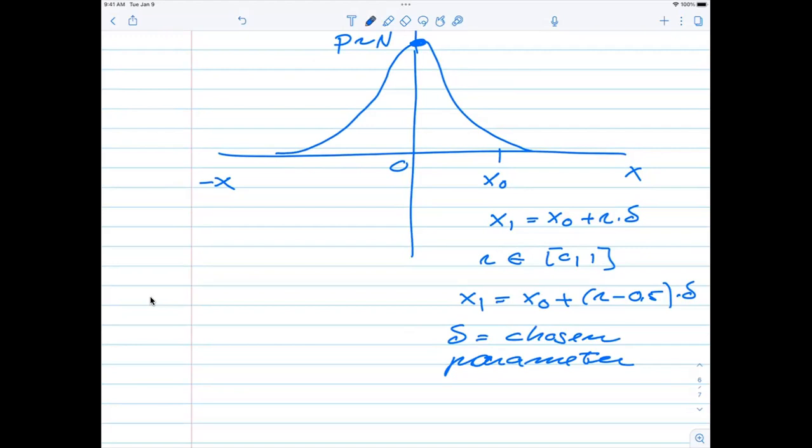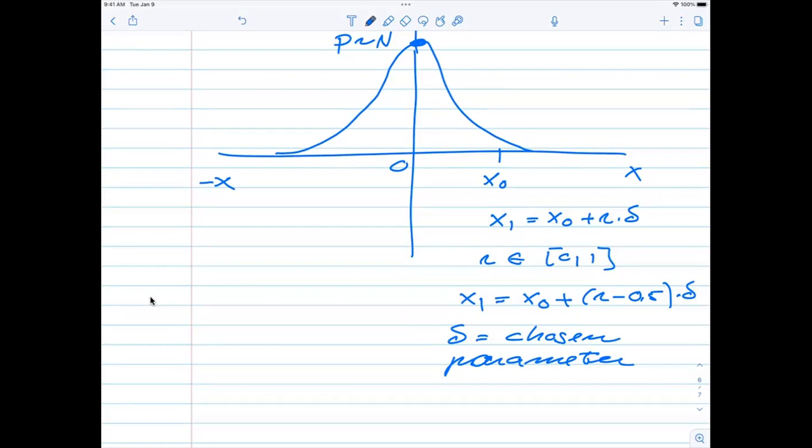From a computational point of view, it gives you fewer cycles because you don't inform the random walker about the probability and how it should jump. However, it gives you an algorithm which normally has fewer accepted steps, and you have to fine tune this parameter delta. And you can see here now that since R goes from 0 to 1, if R is larger than 0.5, we get a positive number. If it's smaller than 0.5, we get a negative number.